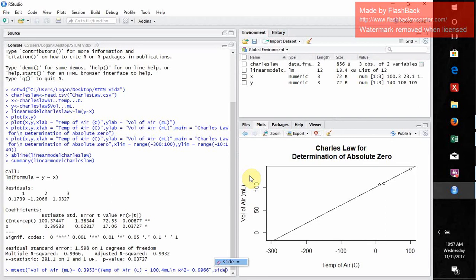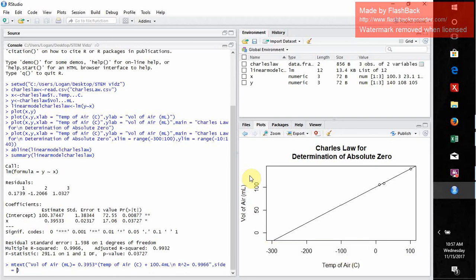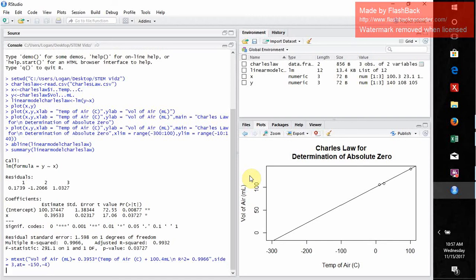So we're going to go side 3, and we're going to go at, let's go negative 150, negative 4.